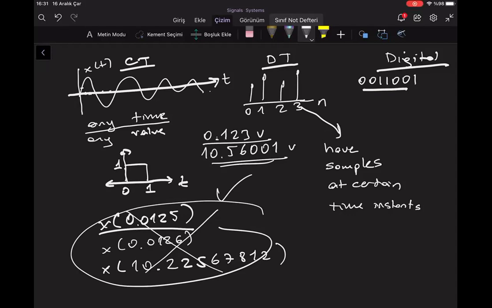Do I have any restriction on the value of the signal at those time instants? Is there any restriction on the magnitude, the voltage? I don't think so. No, right? So here I have samples at certain time instants, but the data may be, again, 0.0123 volts or 10.556001 volts, okay? It may be any voltage.